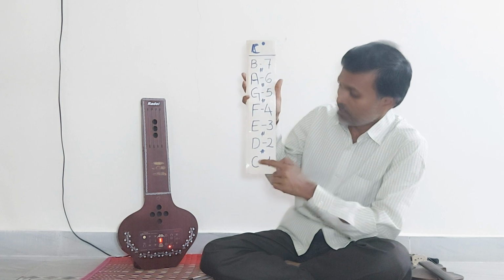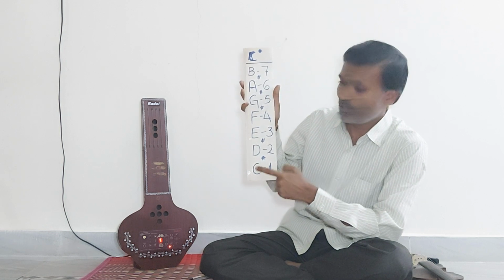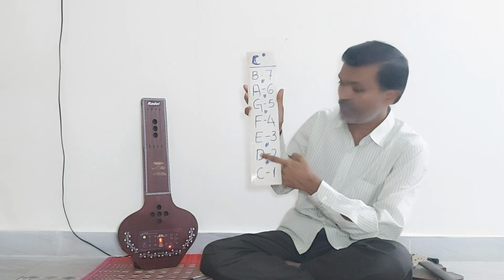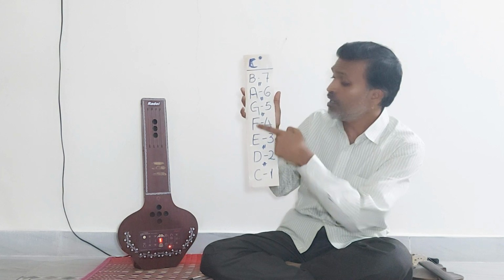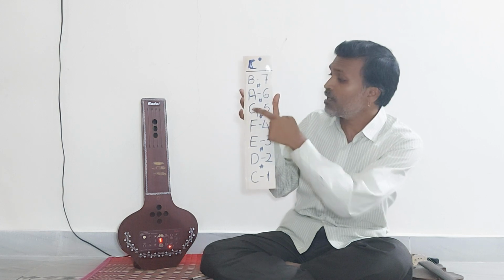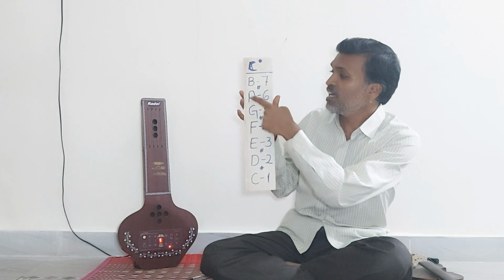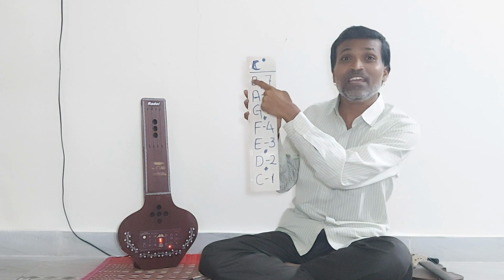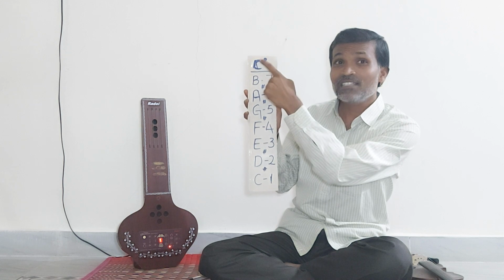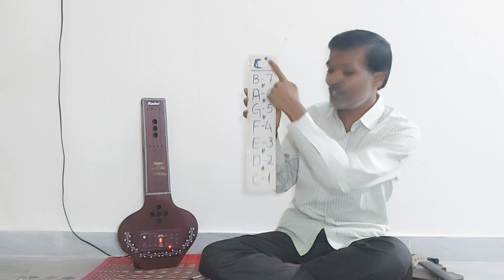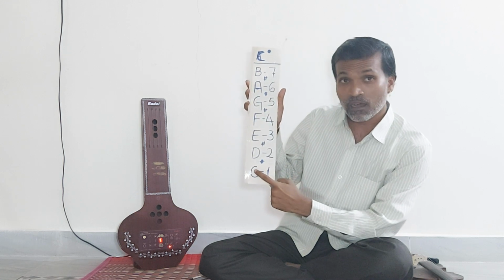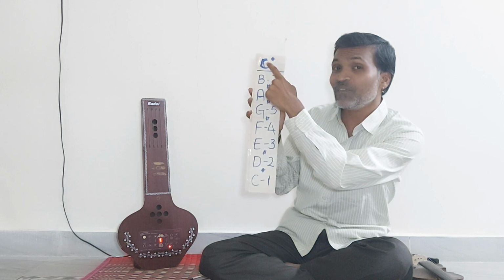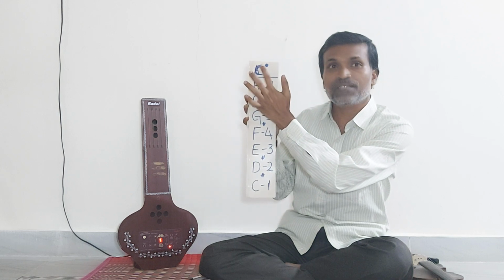Listen. Sa, Re, Ga, Ma, Pa, Da, Ni. What is it again here? Sa. You see, we started with Sa, Sa. What is the difference? This is a higher octave Sa.